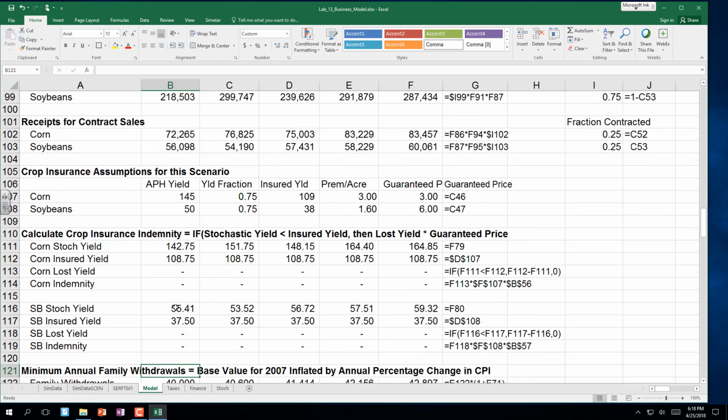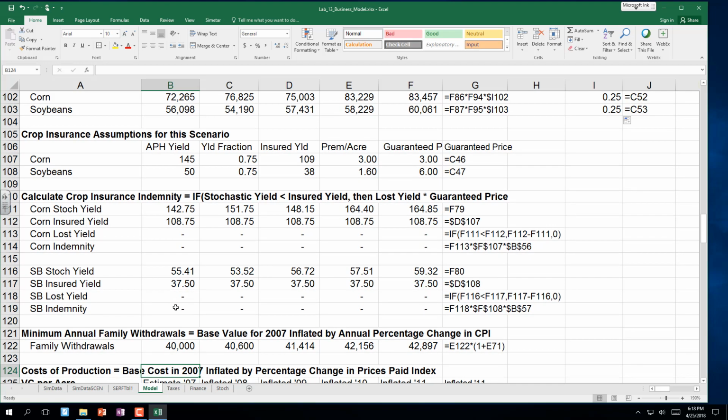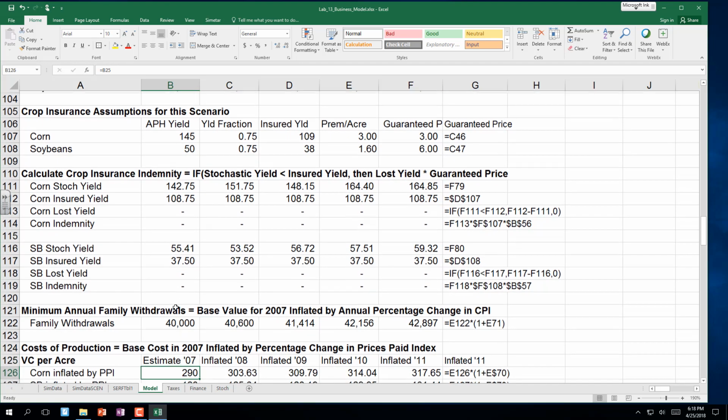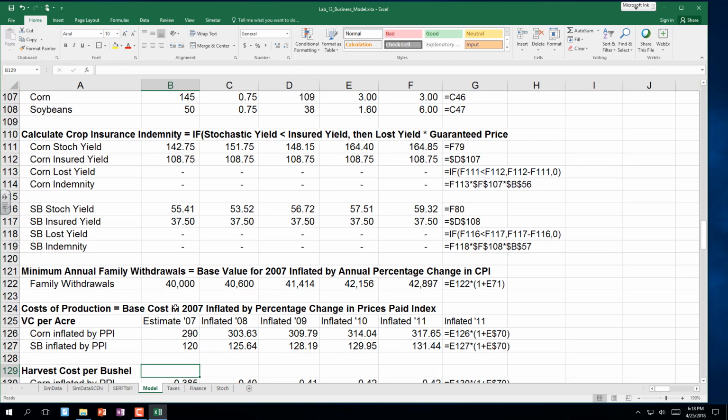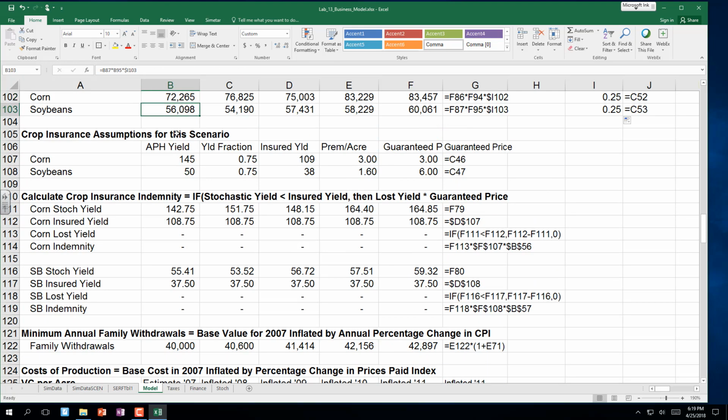So then I have insurance in here. We've done insurance before. Yield insurance. Be sure you practice both kinds, yield and revenues, and it's possible that you could have yield insurance on one crop and revenue insurance on another. You know, farmers are weird. They do all kinds of things. So we want to calculate the insurance indemnity, and that's just really straightforward.